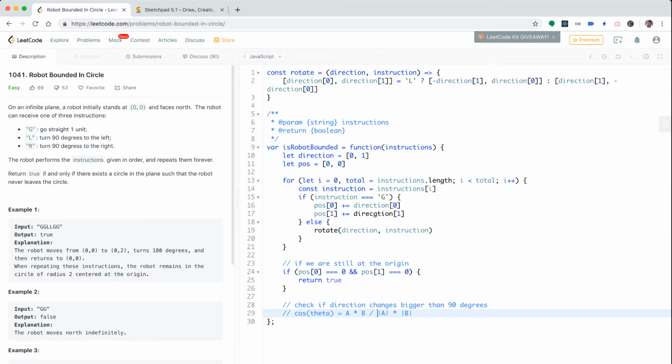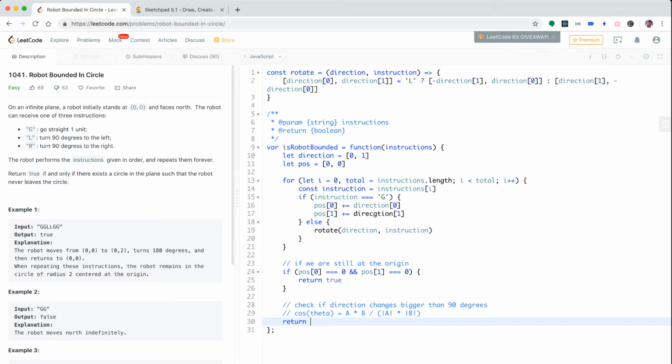Maybe it's wrong. Maybe it's right. It should be right. Okay, we calculated the cosine and check if it's bigger than 90 degrees. If it's not bigger than 90 degrees, it should be a minus. So return cosine is smaller or equal. It's not if it is not a positive number.